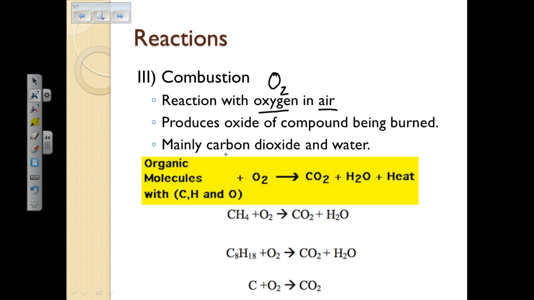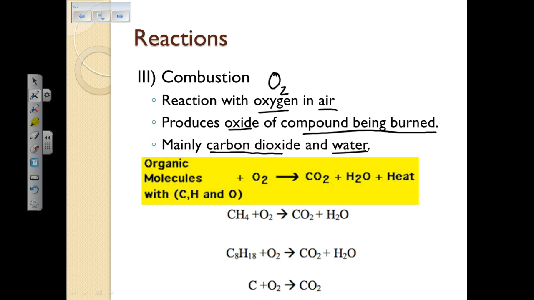The general way I remember this is it produces the oxide of all the elements in the compound being burned. But most of the time, you're going to form carbon dioxide and water.